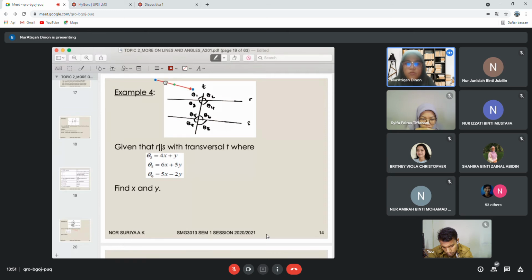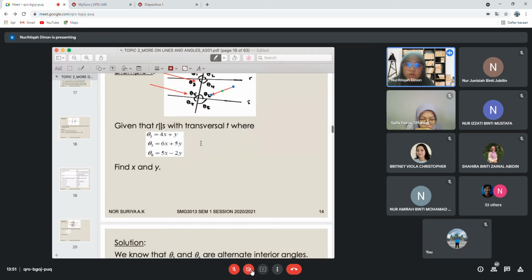We know theta 3, theta 5, and theta 6. All these three angles are interior, and we know about theta 3 and theta 6.